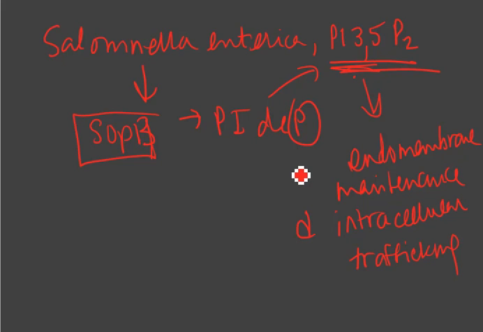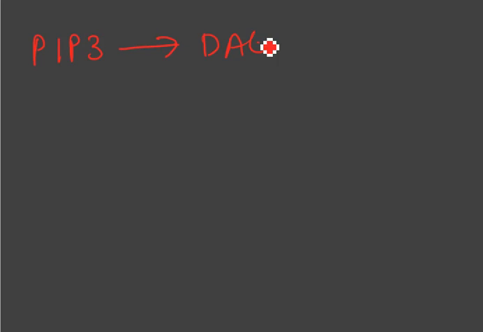Now we should talk a little bit about how you go from your PIP2 to diacylglycerol and IP3, alright? Inositol triphosphate, that would be IP3. So the enzyme that works here is the PLC beta, and remember this is through the GPCRs.